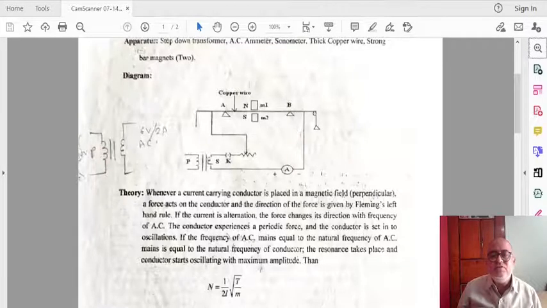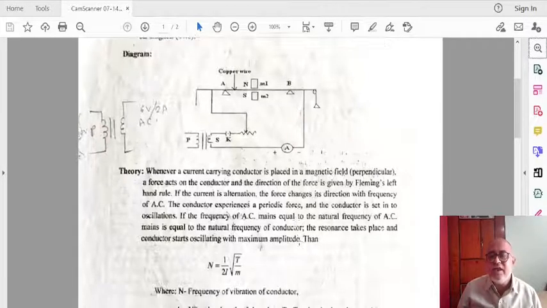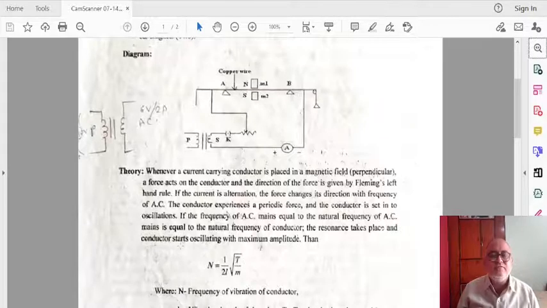If the frequency of AC is equal to the natural frequency of the conductor, then resonance takes place. Vibration takes place in the copper wire, and the conductor starts oscillating with maximum amplitude.